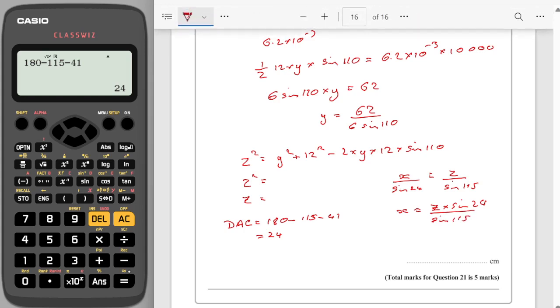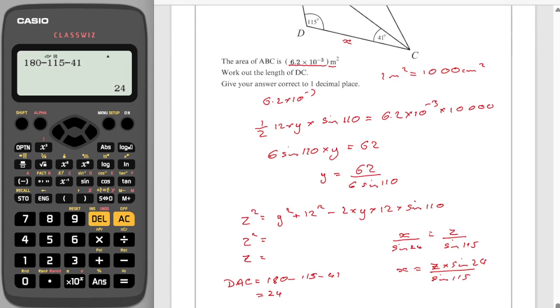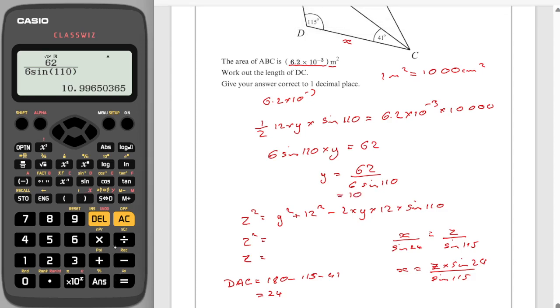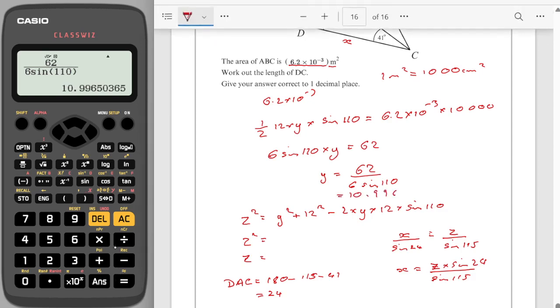So let's start actually working out some of these values then. First of all, 62 over 6 sine 110 is going to be equal to 10.9999965. I'm not really going to use it, but I'll write it down.